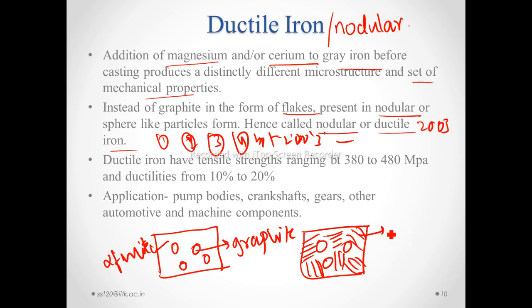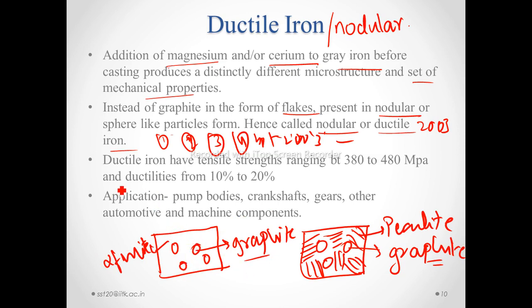Here it is pearlite surrounded by this nodular form of graphite. The matrix changes, but the graphite form remains the same.